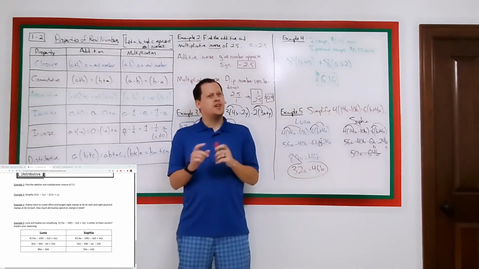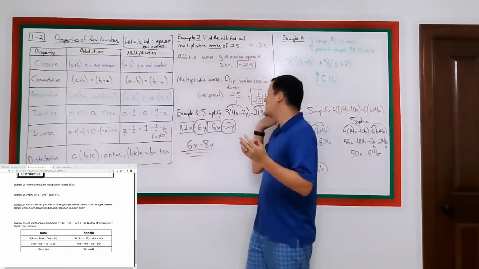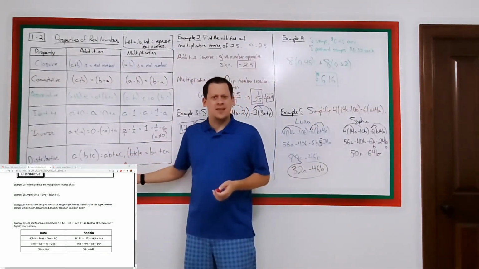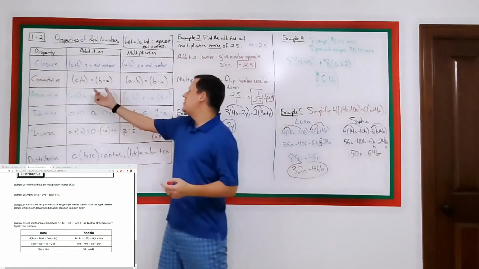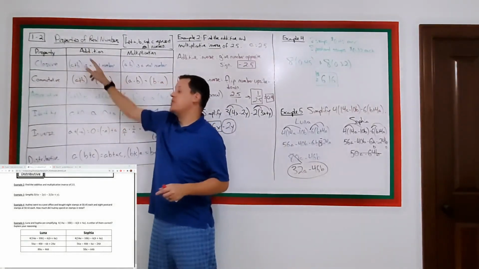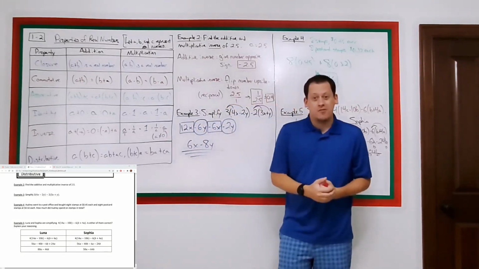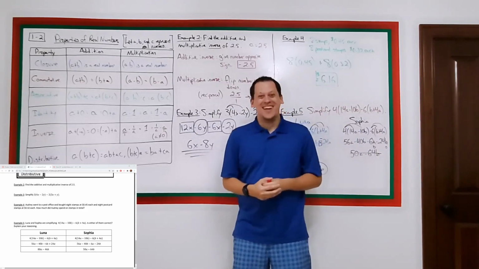The work's done for you, it just might not be right. So, hopefully, with these examples, it gives a little bit of personality to these properties. Again, you already knew all these things. It's not like you didn't know that you could do this. But now you know it's the commutative property of addition. And now that you've got it in your notes, you have that information forever. As long as you have your notes.